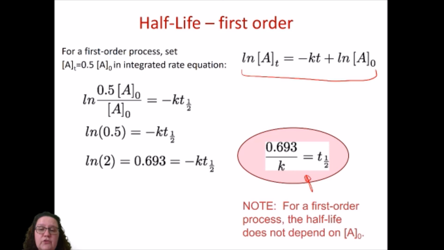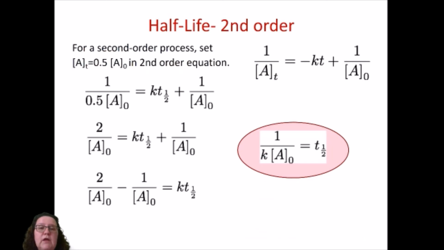If you notice, in a first order reaction, half-life does not depend on the initial concentration. It's just related to the type of reaction you have, because k will be different, but it does not depend on how much reagent you start with. In a second order reaction, again, we take the integrated rate law, and we substitute the concentration at time t1/2 by 0.5 times the initial concentration of the reagent.